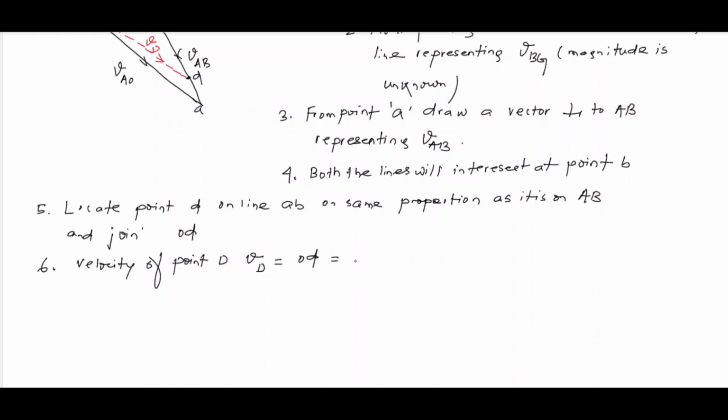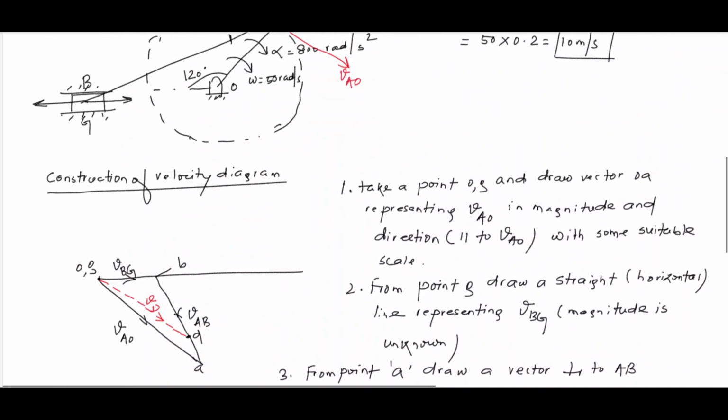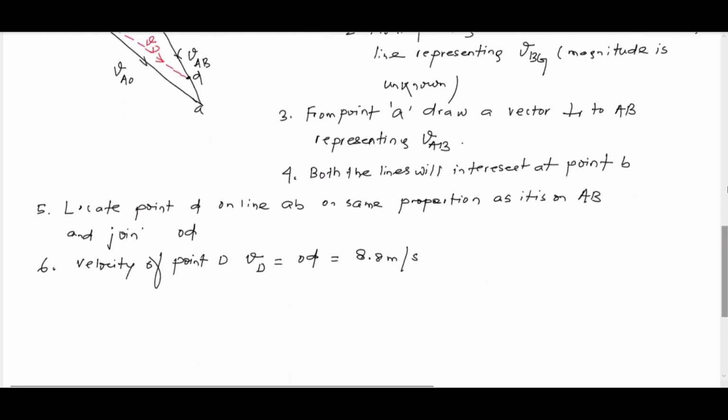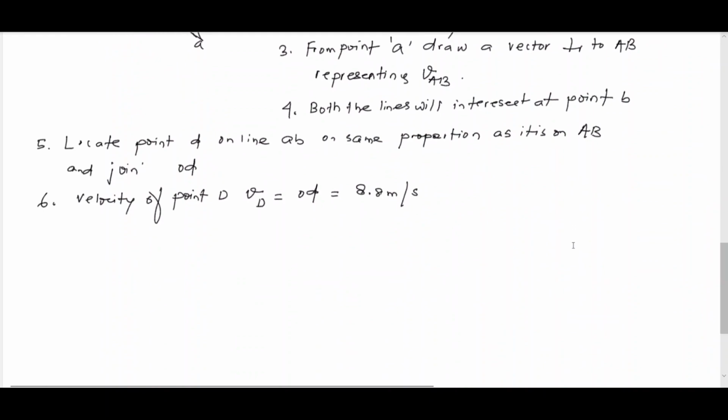So if you measure it, you'll find it is coming around 8.8 meter per second. What was our V? It was 10. It is 8.8 meter per second.